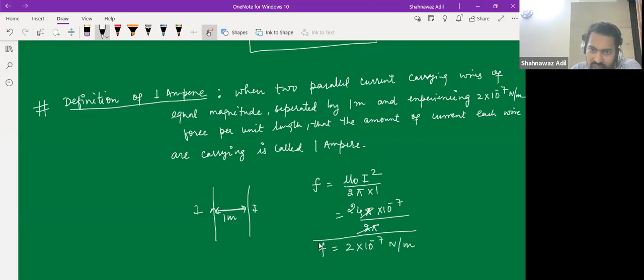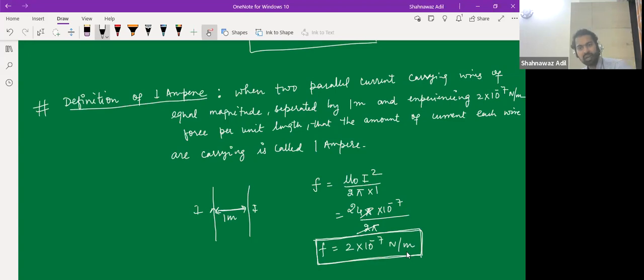Whenever the currents experience this much force per unit length, that current would be called 1 ampere.